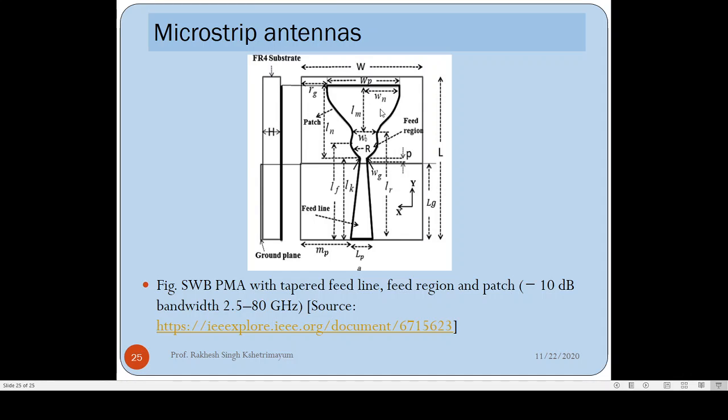Even from the patch also, minimum reflection. So we have used a taper in the feed line, a taper in the feed region, and the patch also tapered. In that case, the signal which comes from the source goes to the patch with minimum reflection, and it gets radiated into free space. What we have observed is this antenna can have impedance bandwidth from 2.5 to 80 GHz. So this is a super wideband printed monopole antenna, and if you are interested, you can explore by following this link.